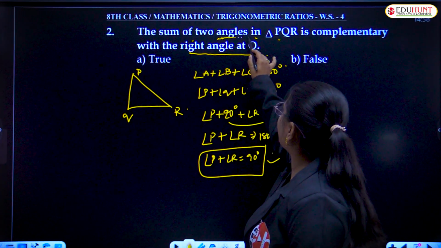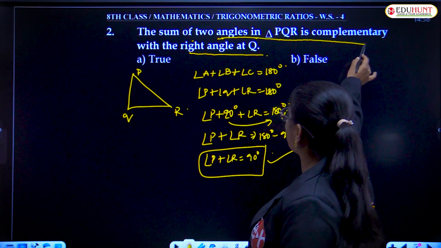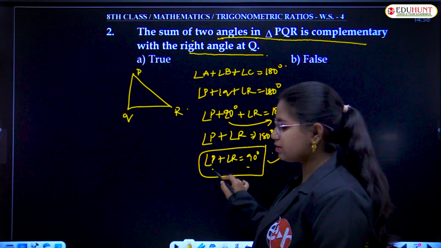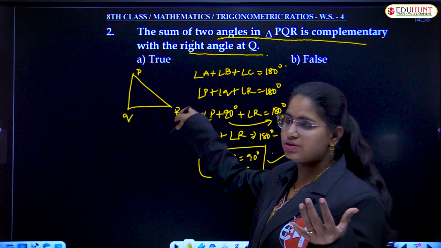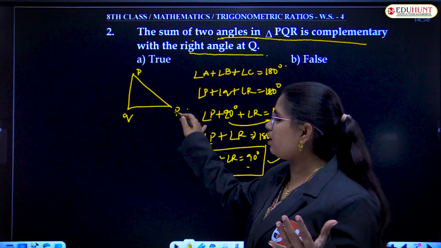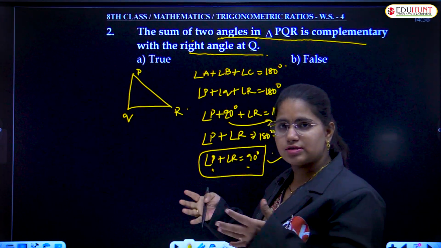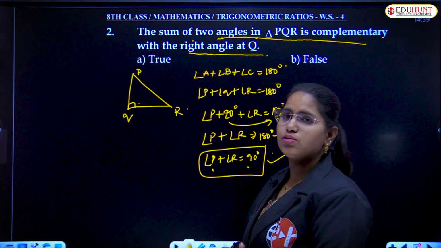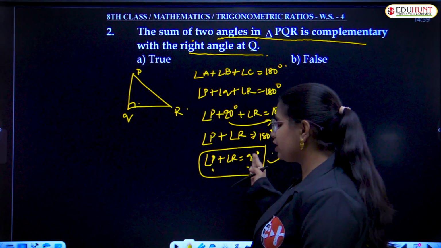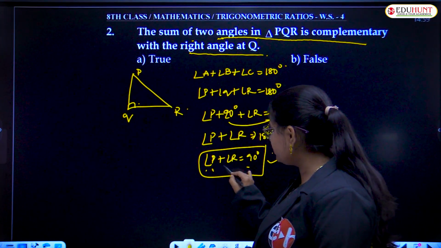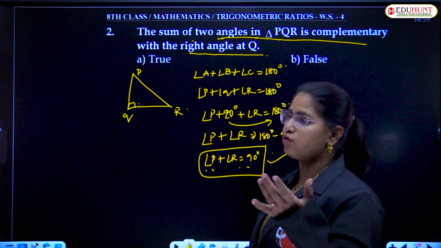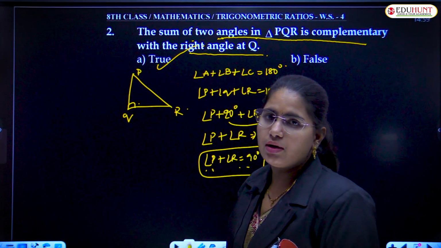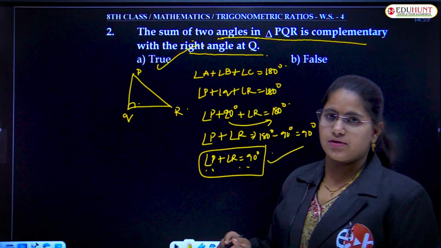The sum of two angles in a triangle PQR is complementary. Of course, taking the two angles P and R, you are getting 90 degrees as a result, with the right angle at vertex Q. Whenever you add two angles and the result is 90, of course it is a true statement, correct?